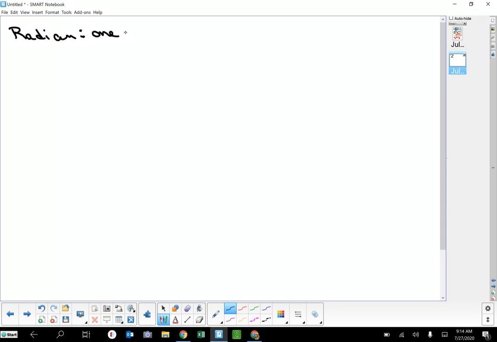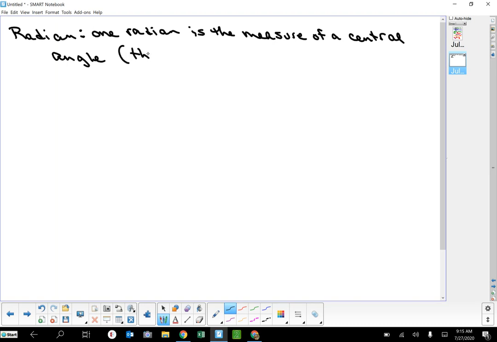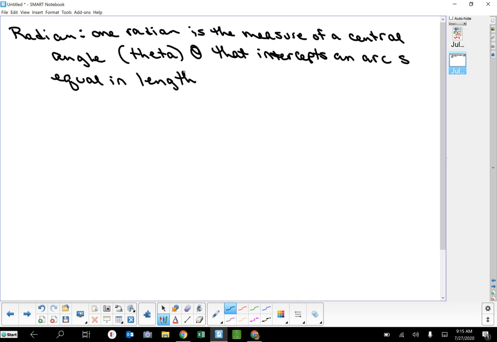So 1 radian is the measure of a central angle, we'll call that theta, that intercepts an arc S equal in length to the radius of the circle. So here's a picture that will demonstrate that.